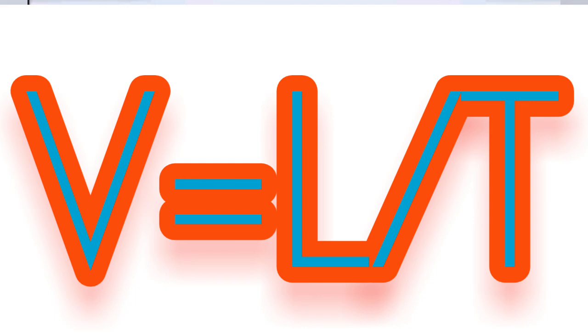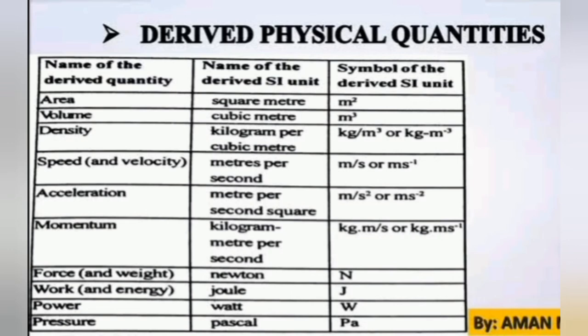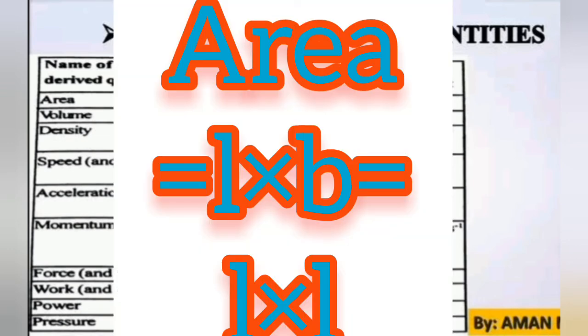If you take area, area means length into breadth. So length and breadth both are expressed in terms of length. So area can be expressed as length into length.